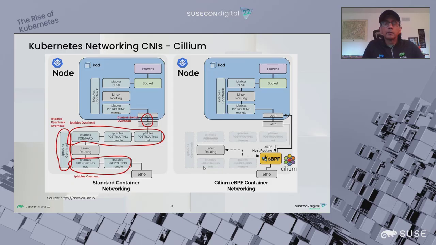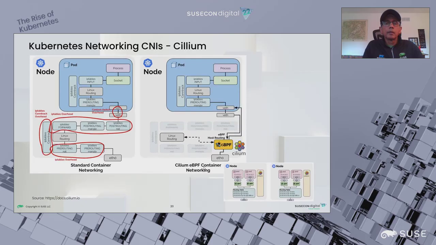Instead, the Linux routing is handled completely by eBPF. And this other picture shows how that works across different nodes as well. The previous one was just a single Linux stack, showing how it differs, and the other ones are across stacks.